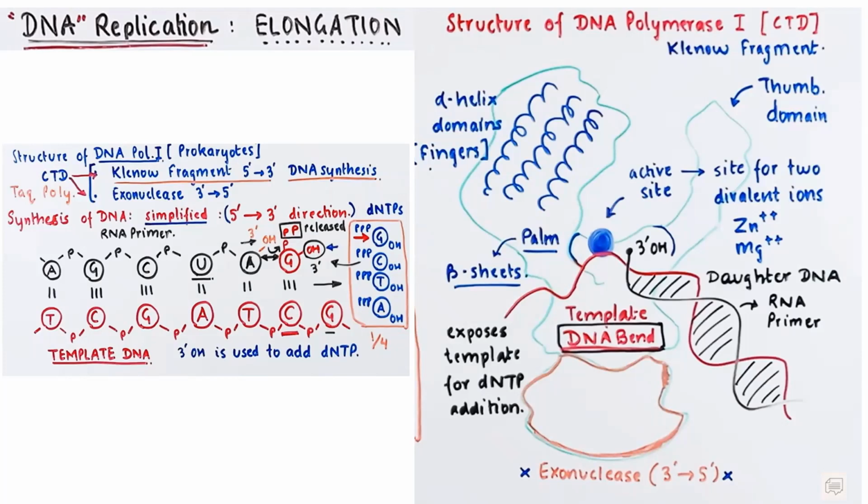This bond that is formed between the hydroxyl and the phosphate is called a phosphodiester bond, and this again leaves the hydroxyl available, and the phosphate is available for the next dNTP to be added, just as the previous hydroxyl existed.